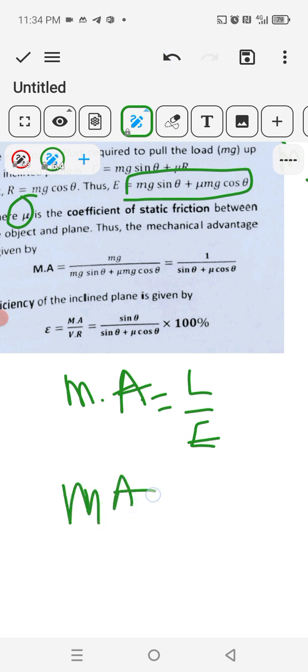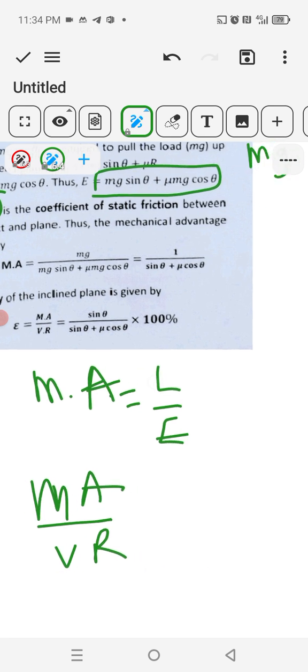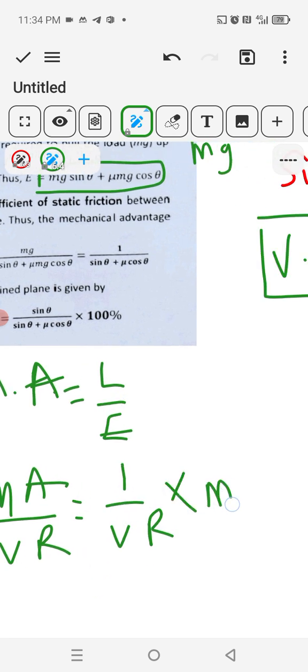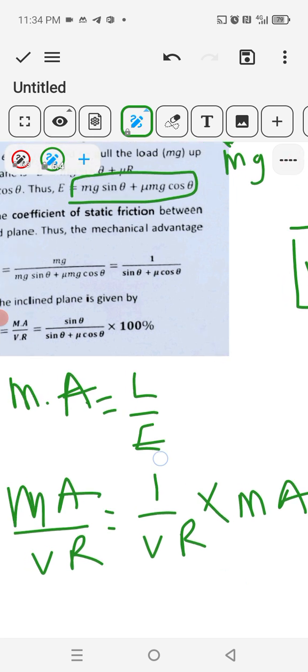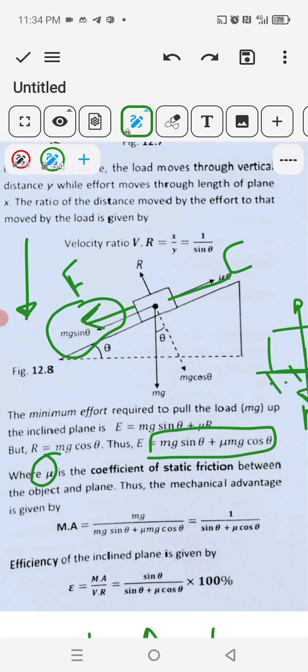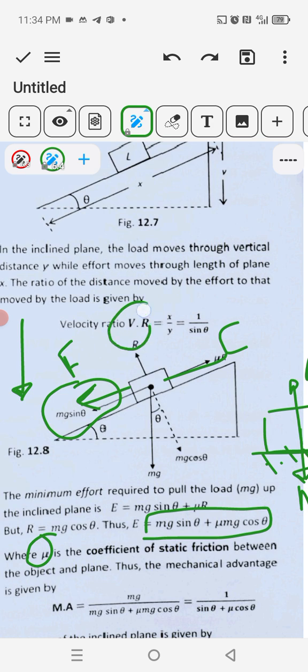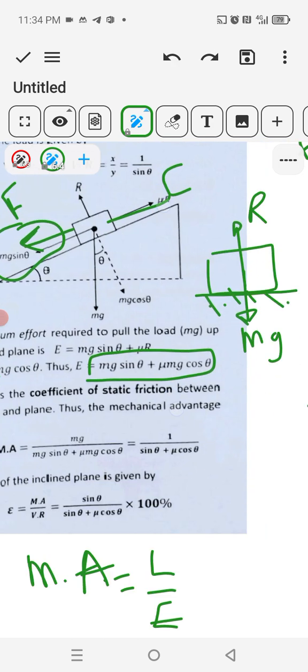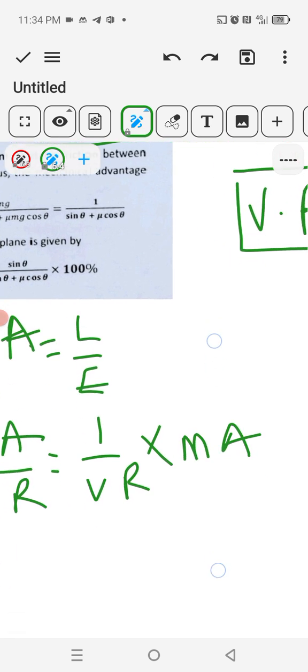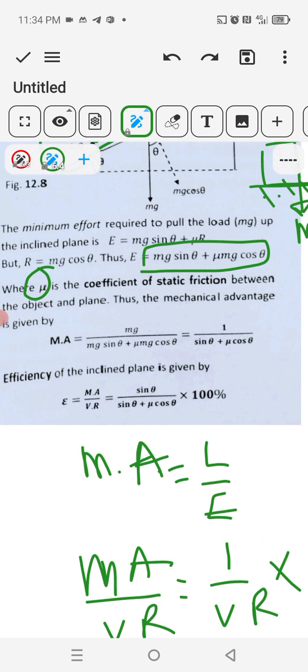MA over VR, you can write it as 1 over VR times MA. Two of them are the same thing. Don't forget that VR is equal to 1 over sin theta, so that means 1 over VR will be sin theta. If you just manipulate that, you will get the same formula that is here.